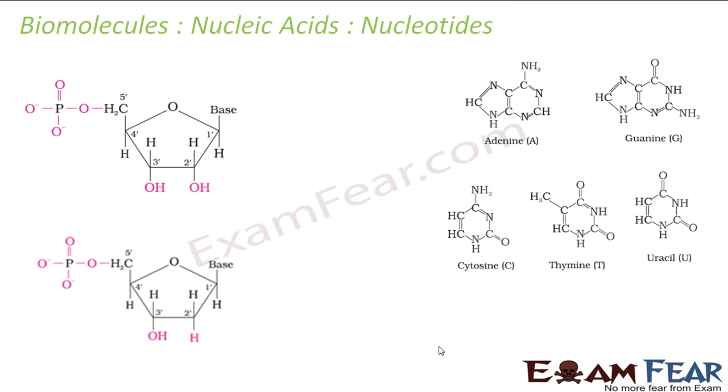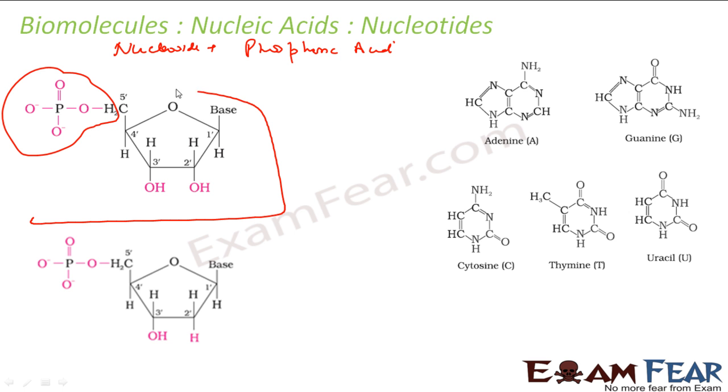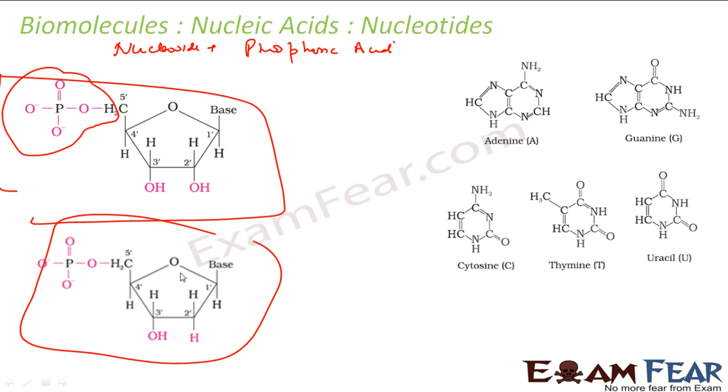Now on the nucleosides, if you take a nucleoside and add a phosphoric acid, you get a nucleotide. For example, this is a phosphoric acid added, so this whole thing is a nucleotide. This is the case of ribose nucleic acid, and this is the case where we took deoxyribonucleic acid.